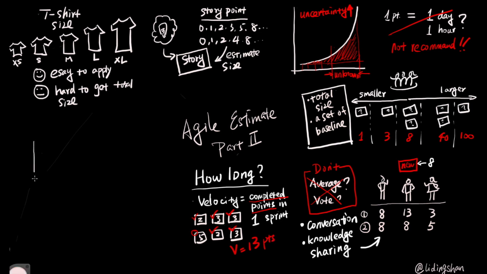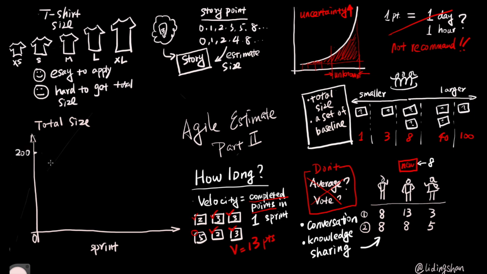When a team has data about their velocity, they can use it to predict the possible end sprint of the current backlog work. Let's say the y-axis is the total size of the backlog, and the x-axis is sprint. After initial estimation, the total backlog size is about 200 points.